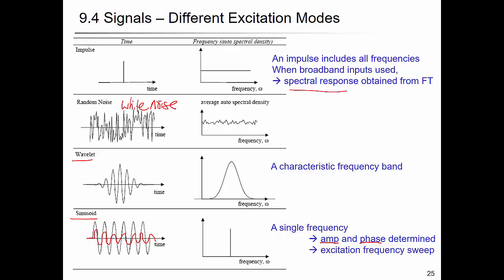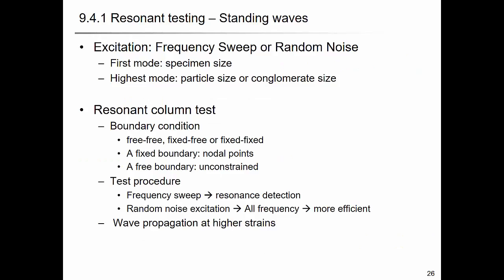You can then apply another frequency of the sine signal and do the same measurement again, while decreasing or increasing the frequency. So you can do frequency sweeping. Frequency sweep or random noise.